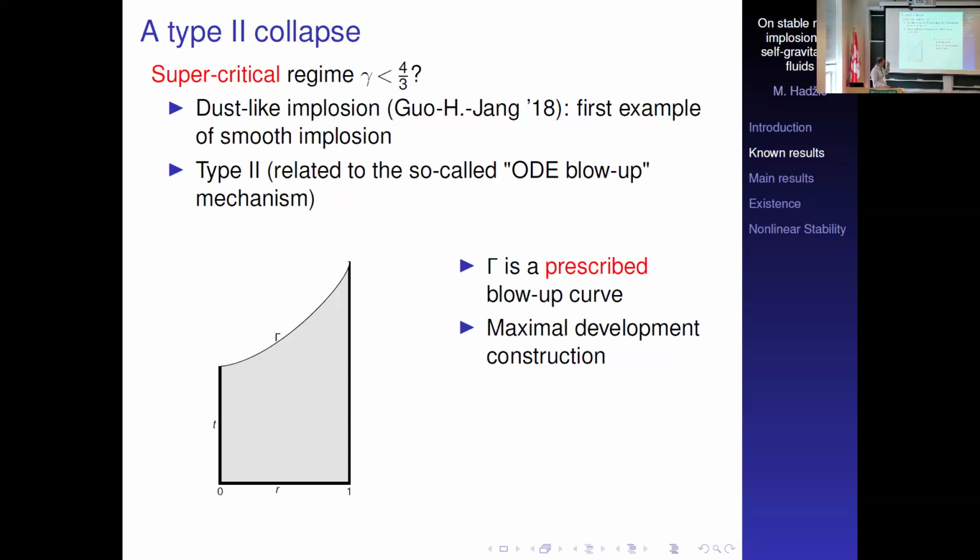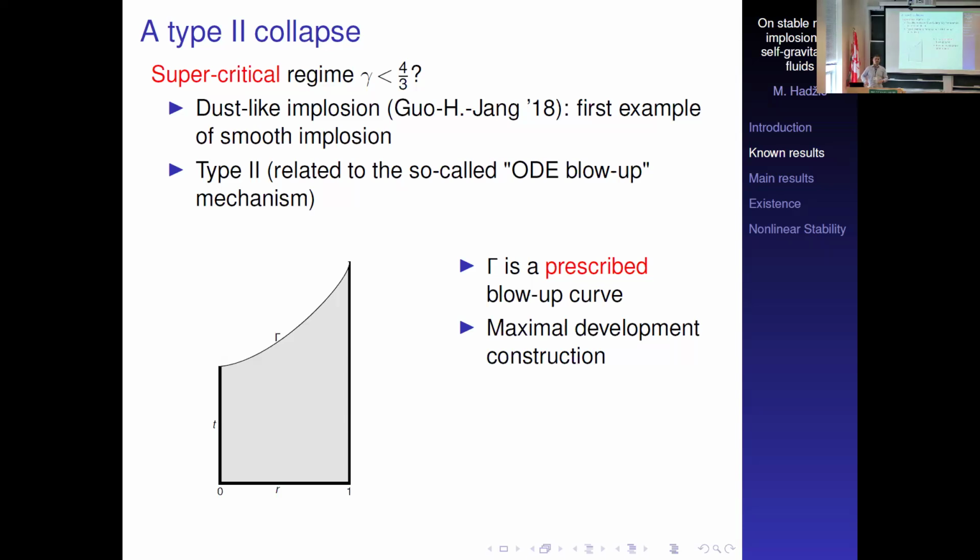So that's one possible model behavior, but the reason why these things exist is that, if correctly interpreted, they are designed as perturbations of the model dust collapse. Dust is the same problem, but without the pressure.